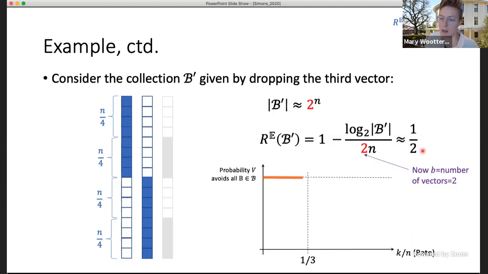And this is about 1/2, which is notably larger than 1/3. So what this means is that if I back off from 1/2 by just a little bit, then all of a sudden it becomes really likely that a random subspace of rate 1/2 minus epsilon is going to avoid all pairs of points that look like this. But in particular, if it avoids all pairs of points that look like this, then it's certainly going to avoid all triples of points.